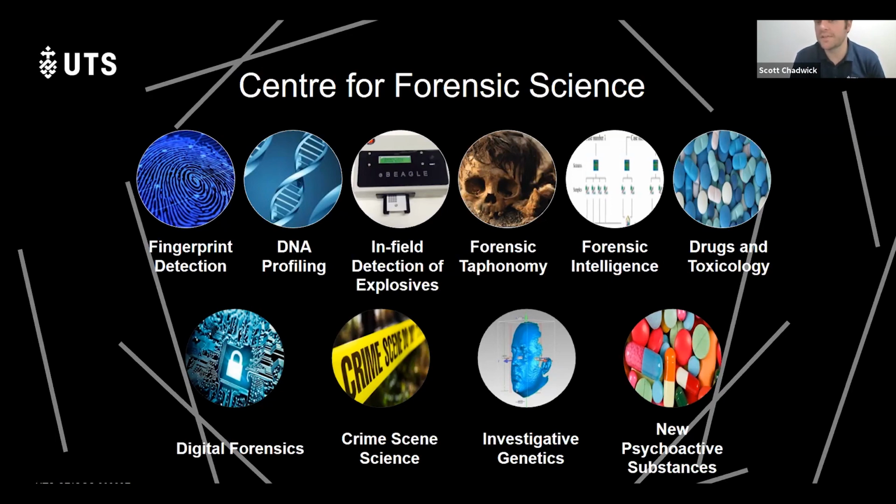We have researchers looking into forensic intelligence, drugs and toxicology, and those new psychoactive substances. We've got researchers looking into digital forensics and crime scene sciences, so how we can better detect and understand the digital and crime scene areas so that we can get a better result at the end of the day. We've also got a really interesting area that looks into investigative genetics.